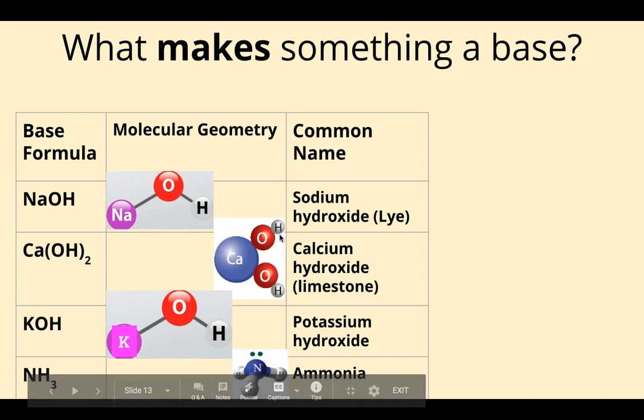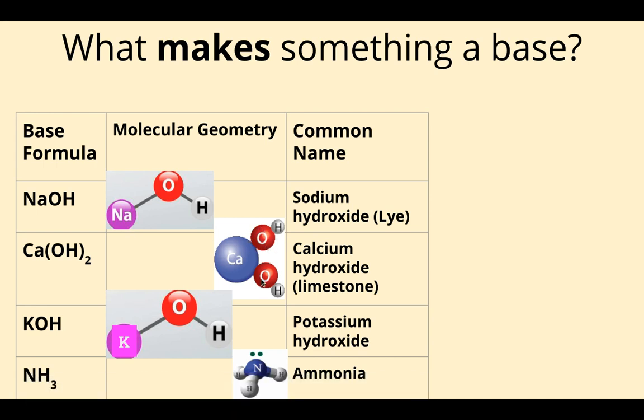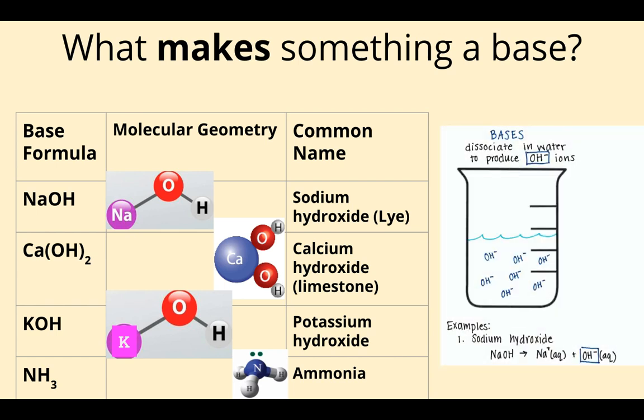I hope you're seeing that OH. That is called hydroxide. It will dissociate into an ion called hydroxide. And so that's one definition of bases: when put into water, they dissociate to produce hydroxide, or OH-, ions. And the first three of these all do that.